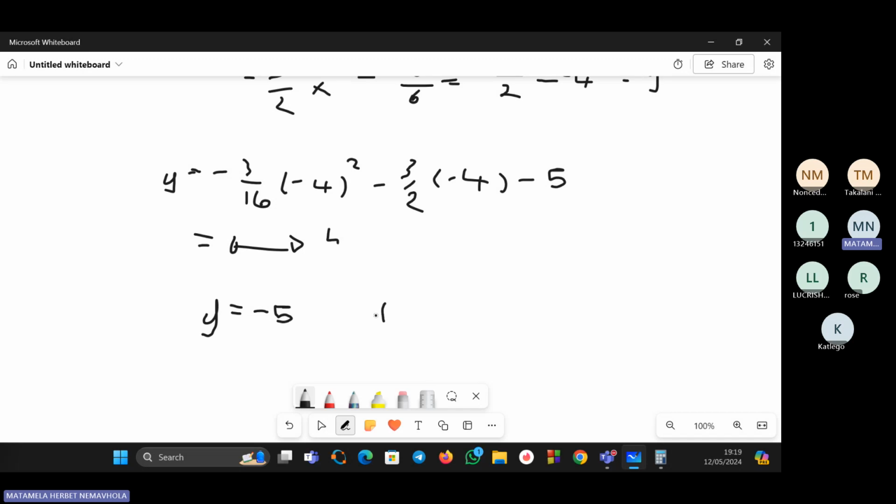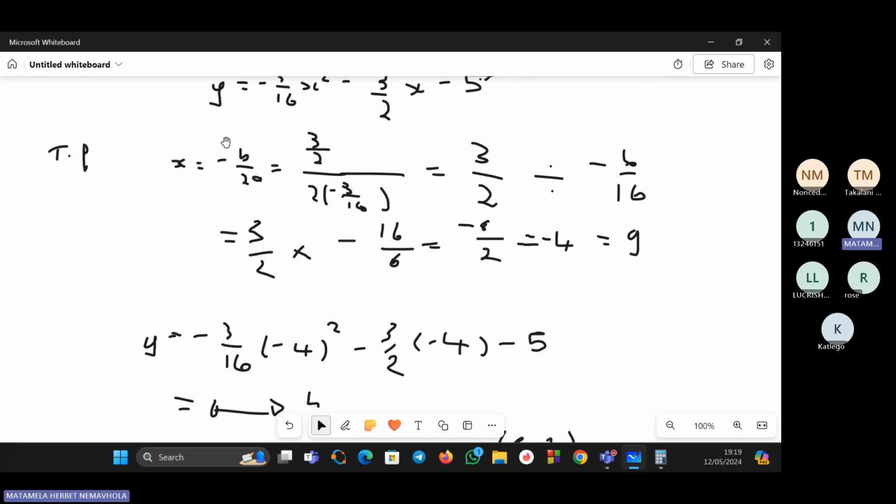So F is going to be equal to -5. When F equals -5, remember E and F, they are in the same line. Like this is just for x and this is the value of y. So if the value of y equals -5, you are going to substitute the value of y in this equation there.